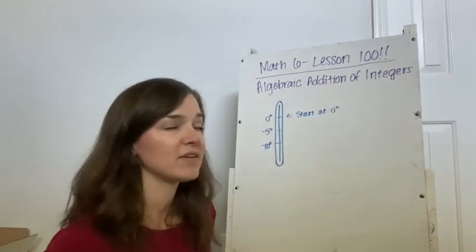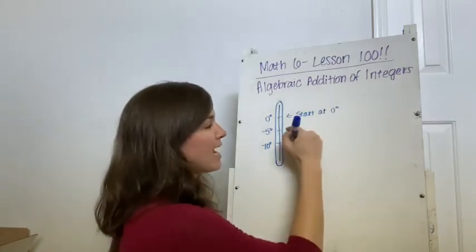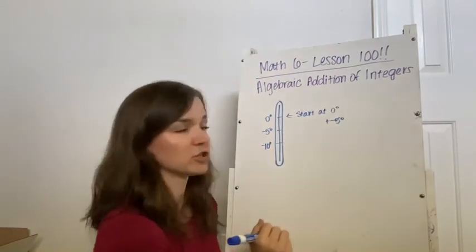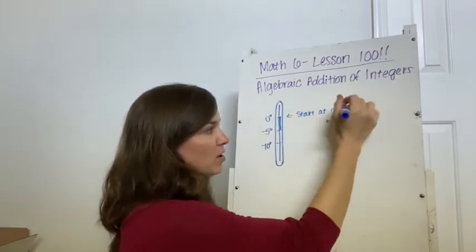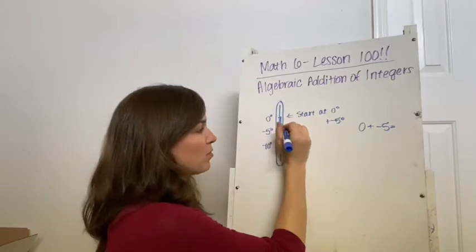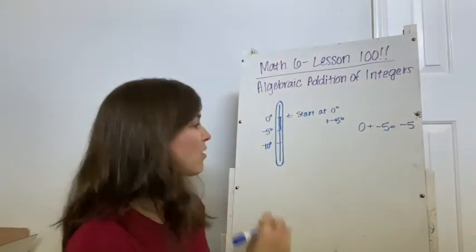and then we have a temperature drop of 5 degrees. So that's going to go down 5 degrees, which means we're technically adding a negative 5 degrees, okay? So that means that 0 plus negative 5 is going to put us at negative 5, okay? So now we're at negative 5.